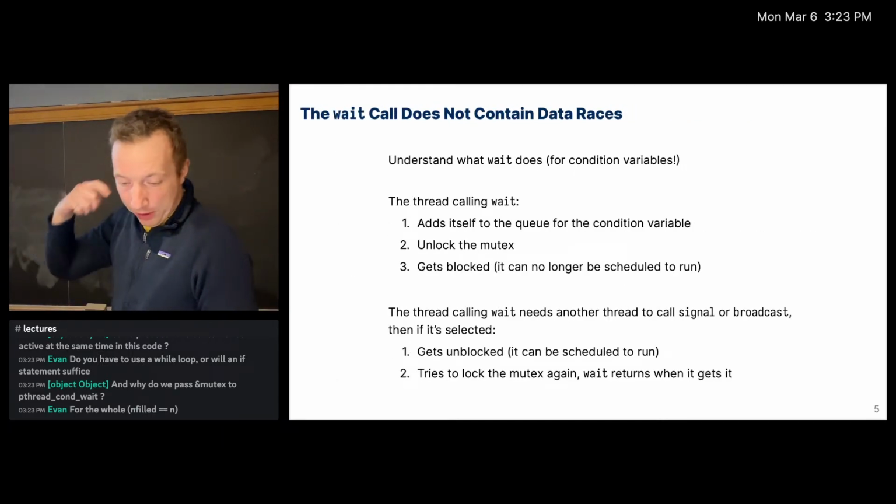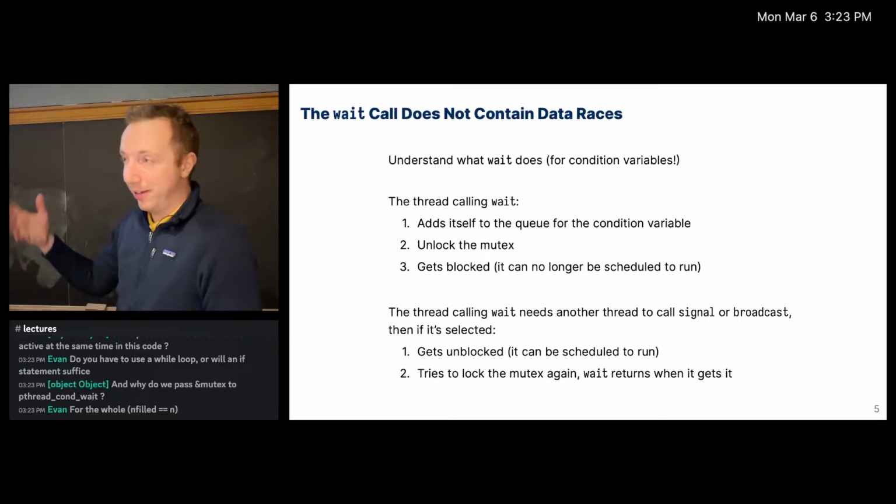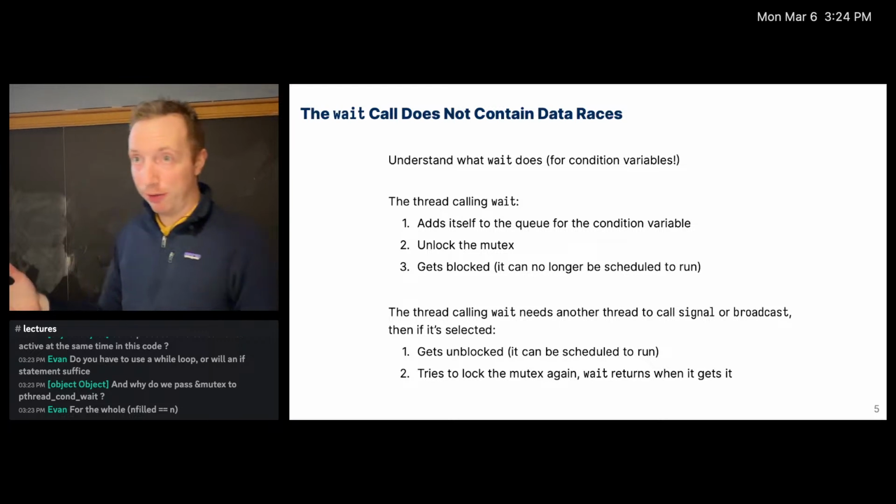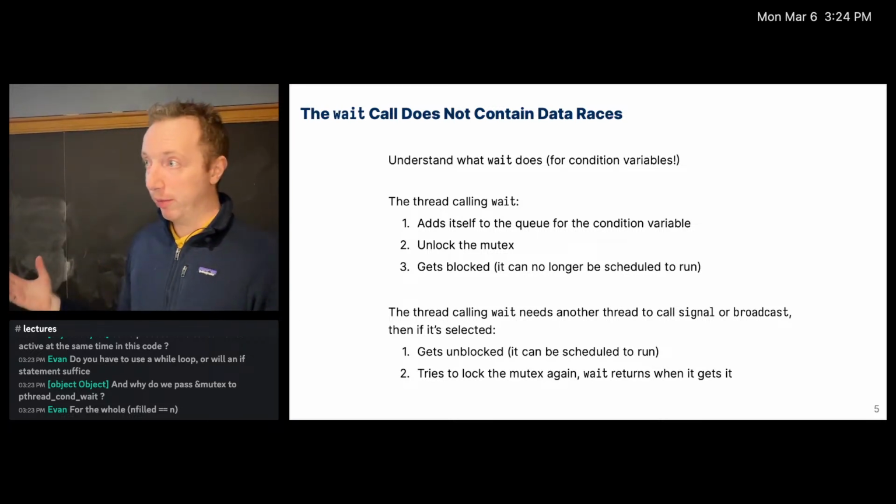We pass mutex to it because, again, atomically, we have to make sure that we add ourselves to the queue and that we don't have any data races in it. Because we're doing condition variables, we don't want a data race with a condition variable, so likely you're holding it anyways.